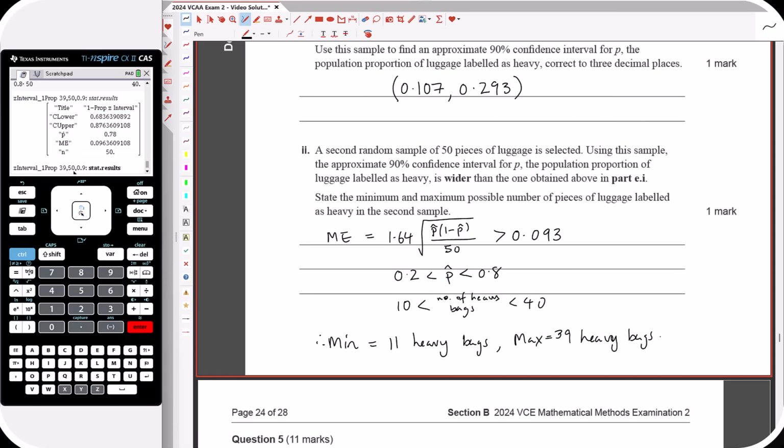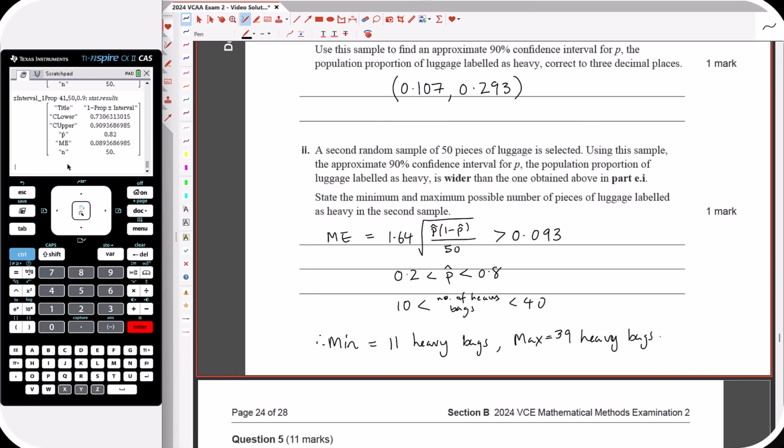But let's have a look at what happens when we make it 40. It goes back to being 0.093. I think you'd find that's actually exactly the same as what happens if you have 10 pieces of heavy luggage. So that doesn't make the confidence interval wider, it just makes it the same. And so therefore for it to be wider, it has to be a maximum of 39. Imagine if we made the number of heavy bags 41, we would see it drop under.